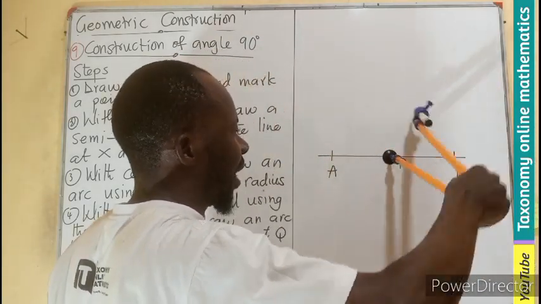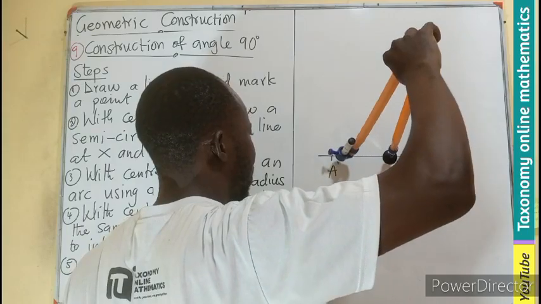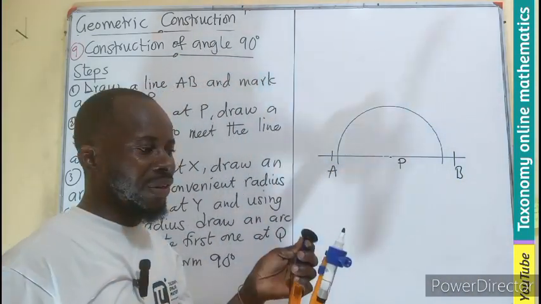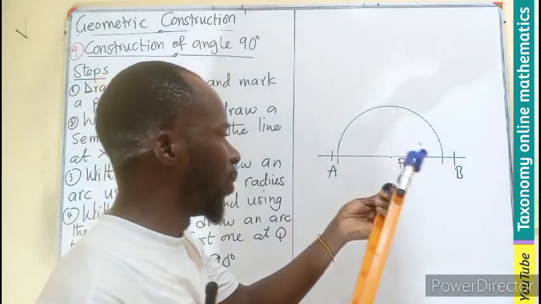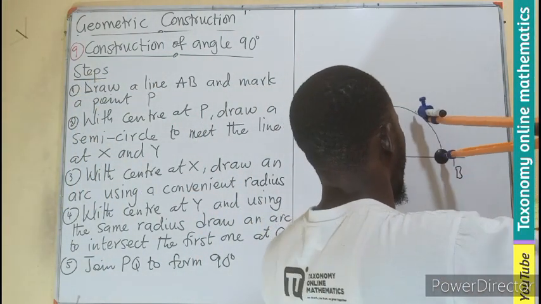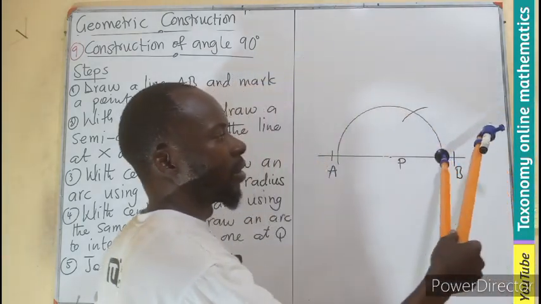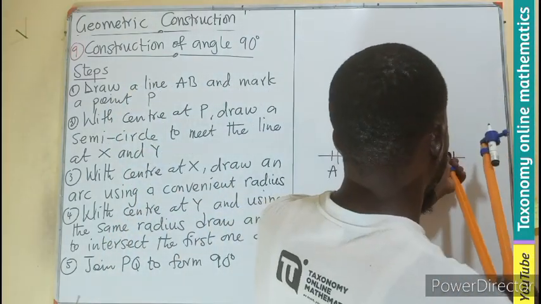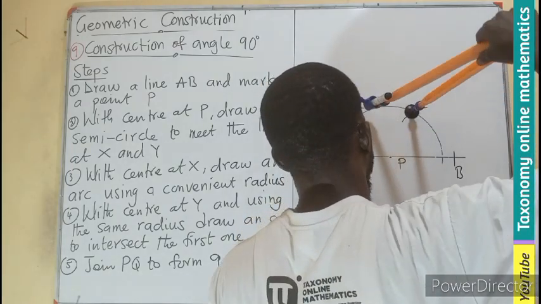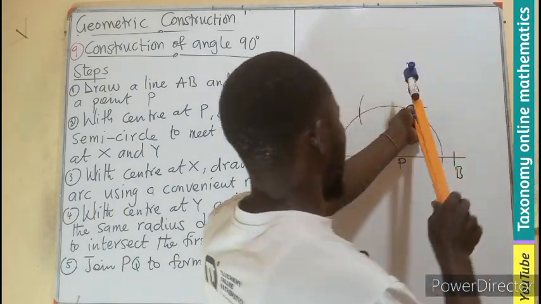You can make it a semicircle from here to there. Then with the radius that we use, we stand here, we make an arc, the same radius, we stand at the mark of 60 and make the next arc.